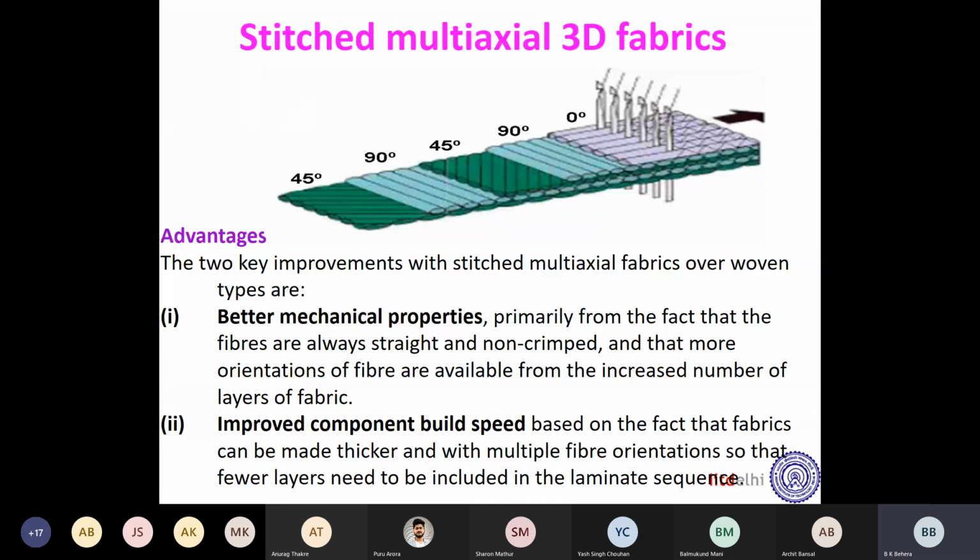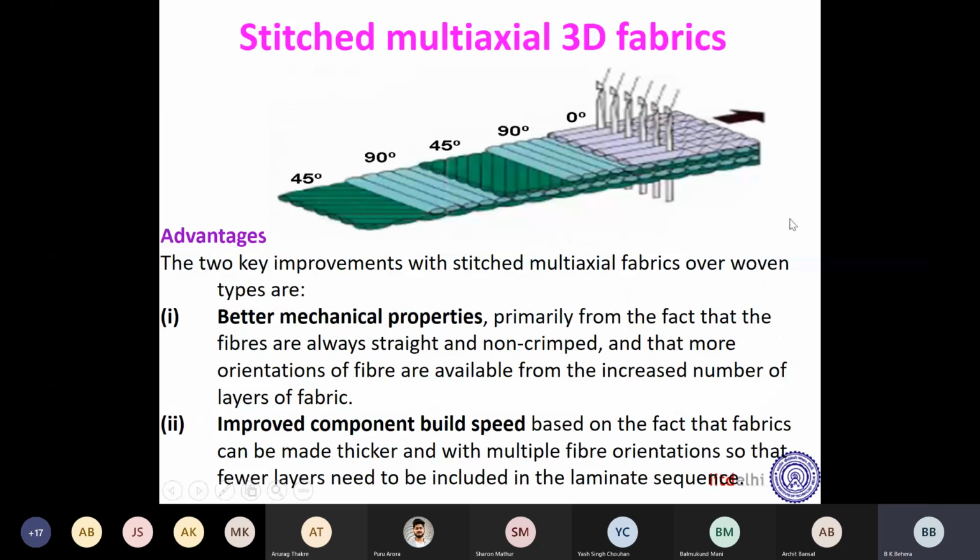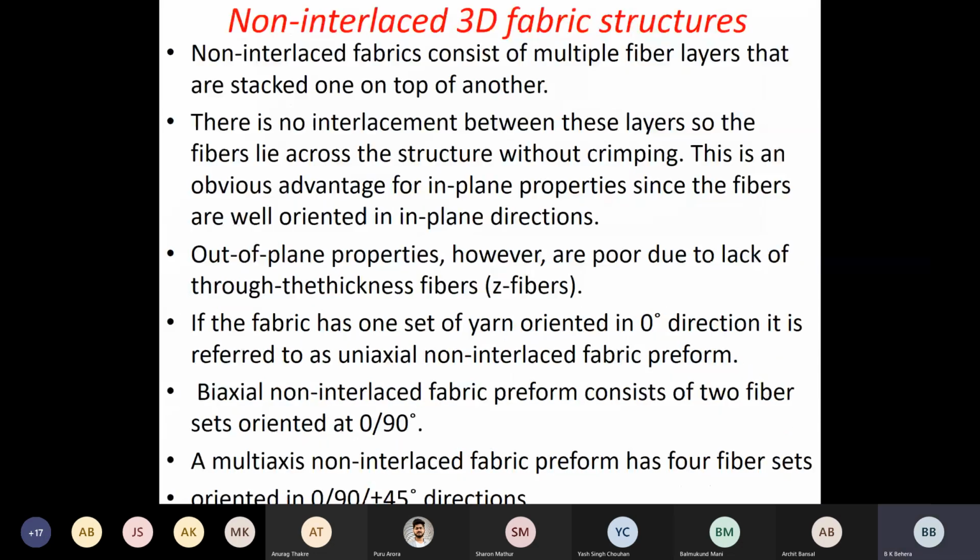Third type of 3D, stitched multi-axial 3D fabric. It is same as this one, but the difference is each layer is placed at different orientation. I have written in the next slide, you can read it better.